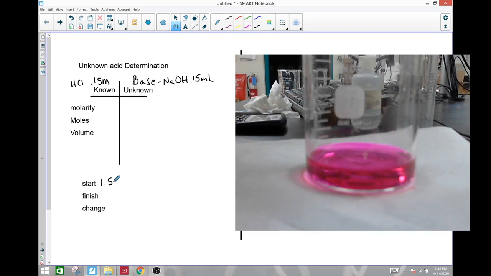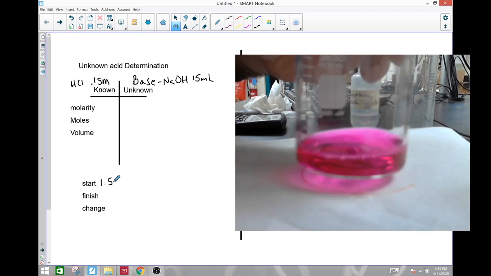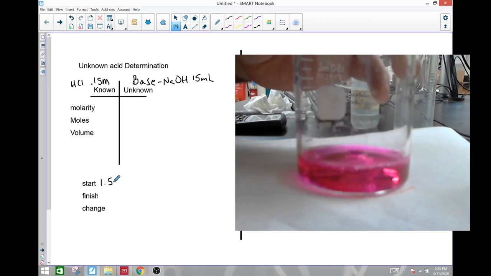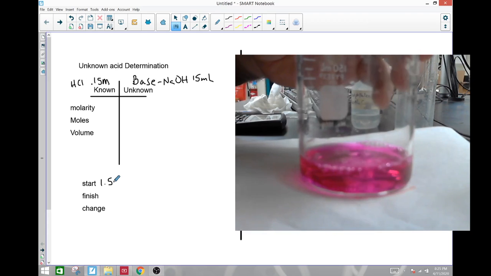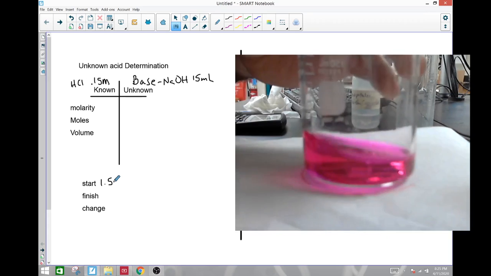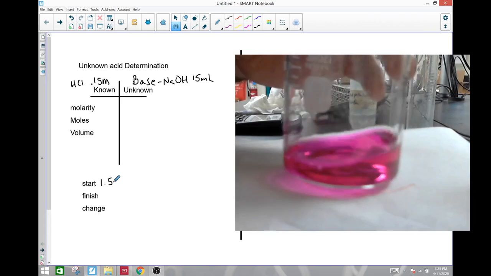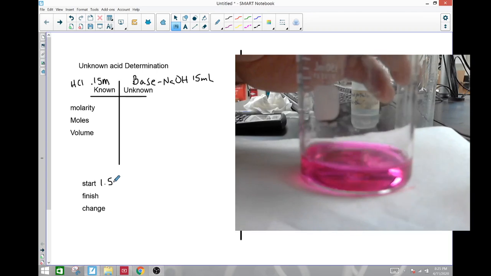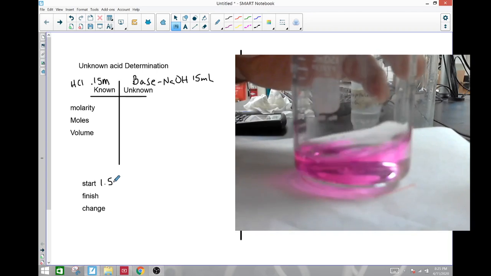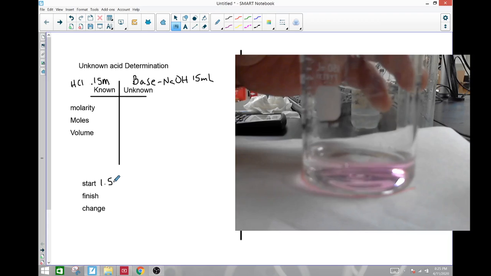Alright, and that process is underway. And clear.